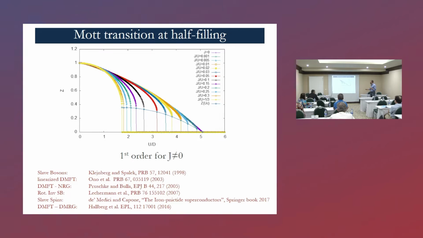Only for J equals 0 you will have continuous vanishing of the quasi-particle weight, which measures the coherence, the metallicity of the system, and when it vanishes it signals the Mott transition. Otherwise, and it's well established through a lot of different techniques, at least at the model level, you will have a first order jump from a metal to an insulator.